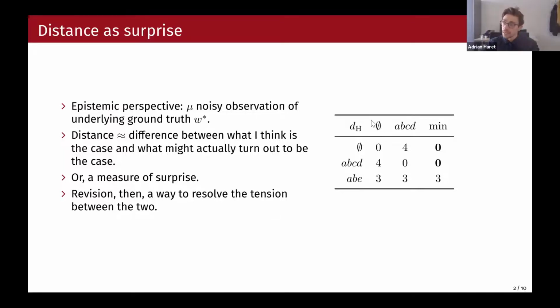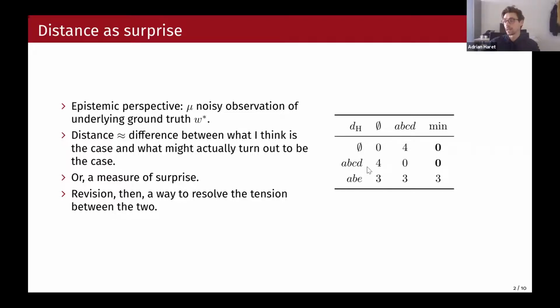So for instance, in this example that we had in the beginning, if I think the world will be in one of these two states, either empty set or ABCD, then if I get new information, I will be very surprised if I'm in the state of empty set.